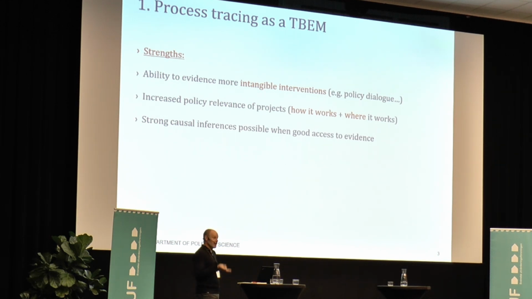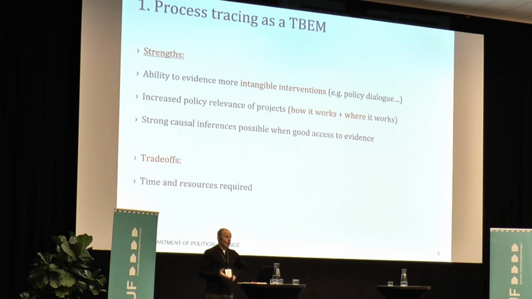I was only able to say, through interviews, document analysis, that it was quite plausible that the World Bank analytical products and the dialogue shaped the final policy that the Colombian government decided. Ideally, I would have had even stronger access. I would have had all of the internal policy briefs and drafts, etc., on the Colombian side. I was unfortunately never able to get it, though I kept on pushing for it. So I could have maybe made some stronger causal inferences if I had that access.